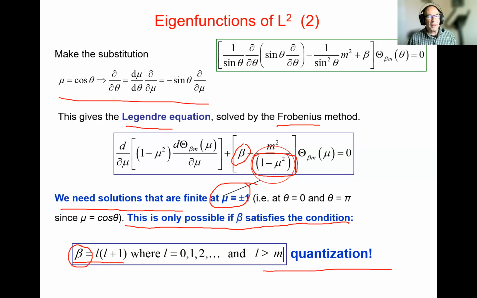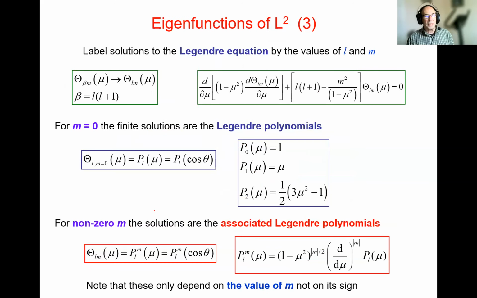When we do that, we find that our eigenvalues are quantized with respect to some quantum numbers. And these solutions are written in this way, and they are expressed in what are called Legendre polynomials.